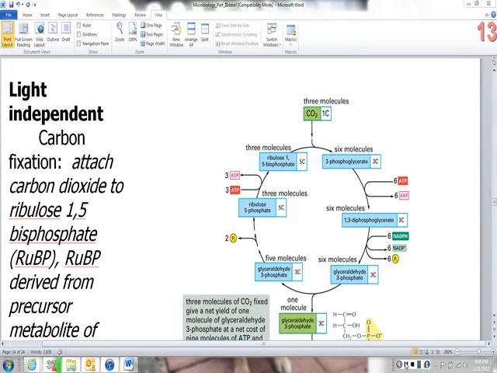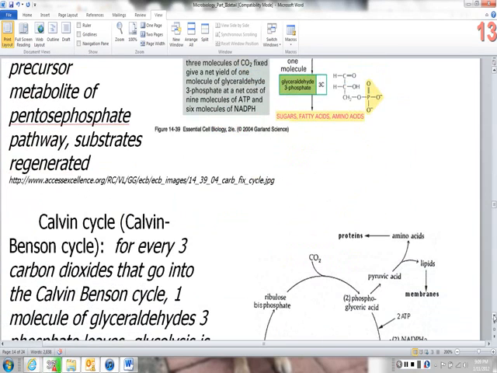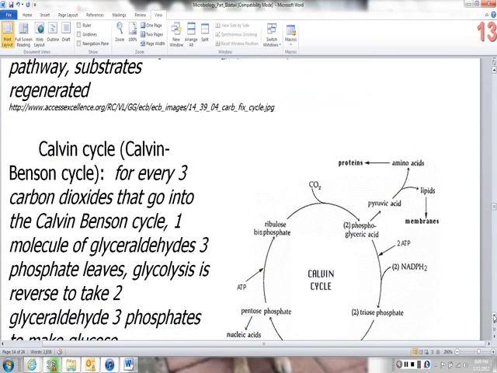The RUBP is derived from the precursor metabolites produced in the pentose phosphate pathway, so the substrate is regenerated. In the Calvin cycle, or Calvin-Benson cycle, for every 3 carbon dioxides that go into the cycle, 1 molecule of glyceraldehyde 3-phosphate leaves.